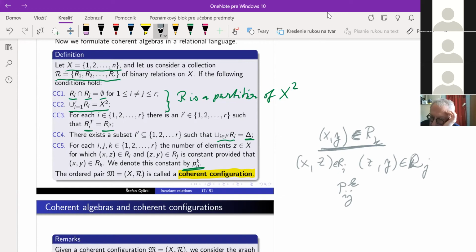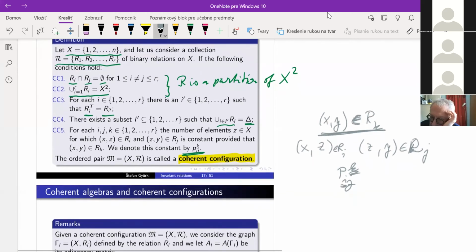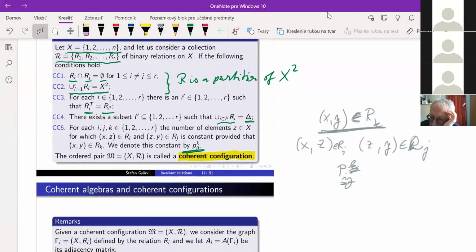It depends just on the chosen three binary relations Ri, Rj, and Rk. So in combinatorics, the analogous object is called coherent configuration.